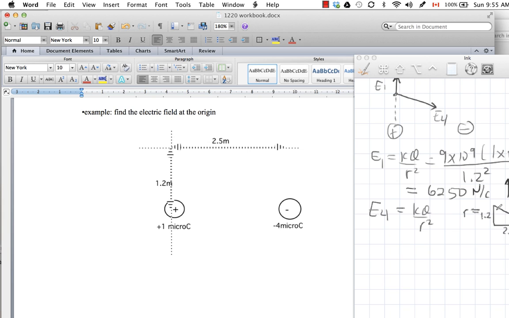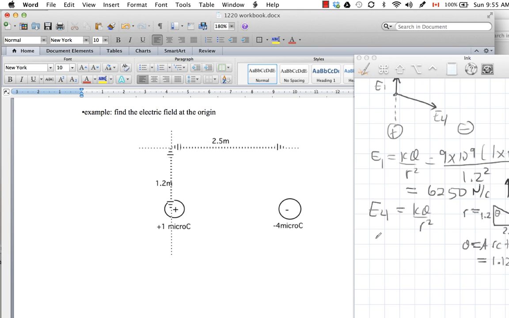Now we're also interested in what this angle is, and we may as well work that out while we're at it. This theta will be the arctan of 2.5 over 1.2. And so what's that angle? It's 1.12 rads, or if you work in degrees, it's 64.4 degrees.